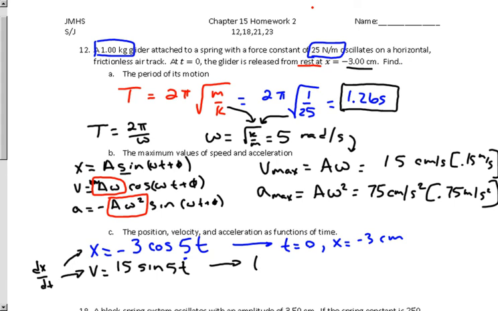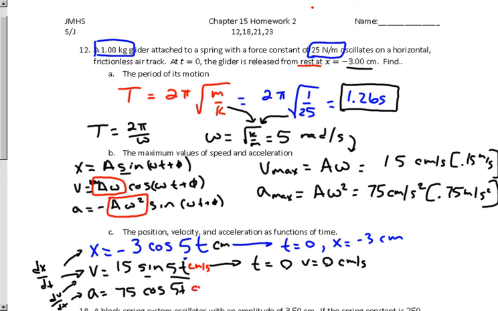If we verify that, at t equals 0, our v equals 0, which is not very helpful to us. But we can then see that at a maximum, we're left with 15 centimeters per second. And similarly for a, if we take the derivative of this, dv/dt, we get the same thing, 75 cosine of 5t. And now it's probably a good idea for us to write our units in. Up here we have units of centimeters, here we have centimeters per second, and here we have centimeters per second squared.